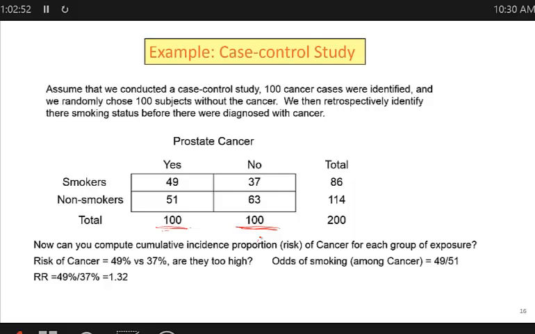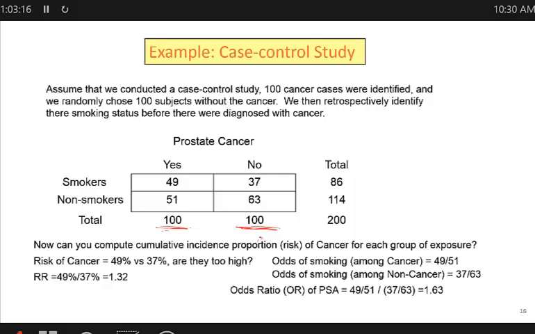That's the odds of smoking among cancer patients. Then do the same thing for non-cancer: the odds of smoking among non-cancer is 37 to 63, so 37 divided by 63. And then take the ratio of the two, and that becomes the odds ratio.